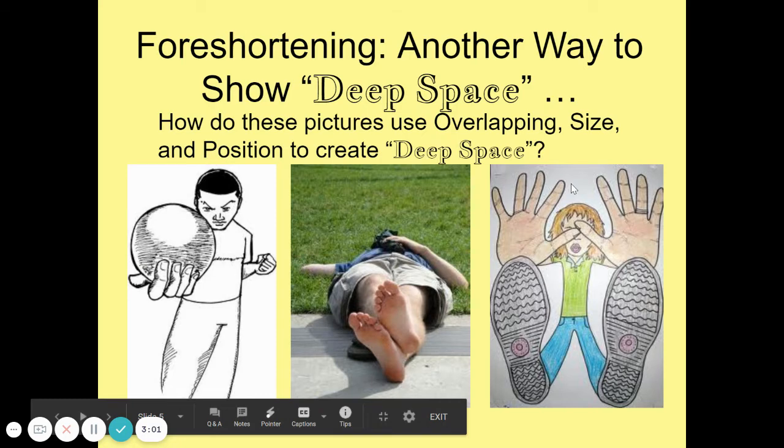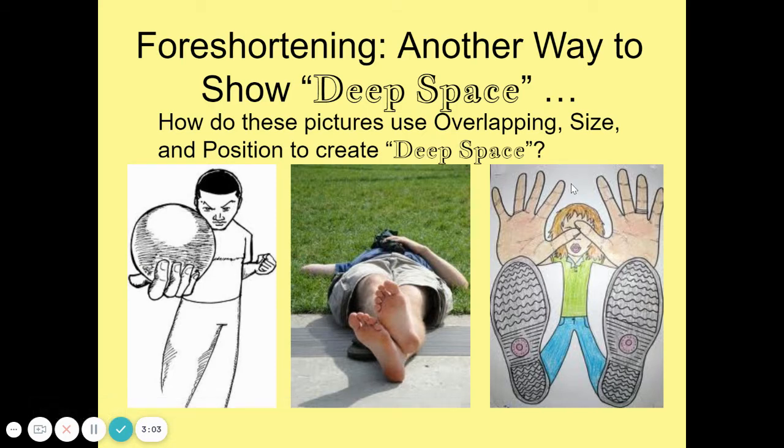There's another part of deep space. There's this artist trick called foreshortening. Foreshortening is like an extreme perspective or point of view, which kind of tricks your eye, kind of like an optical illusion.